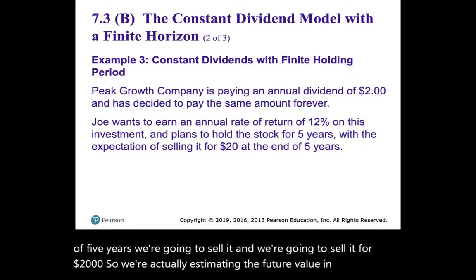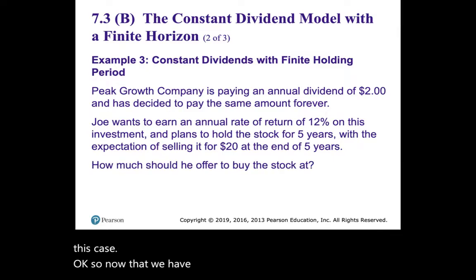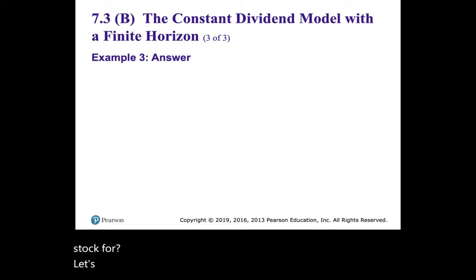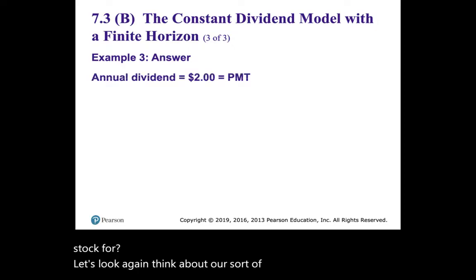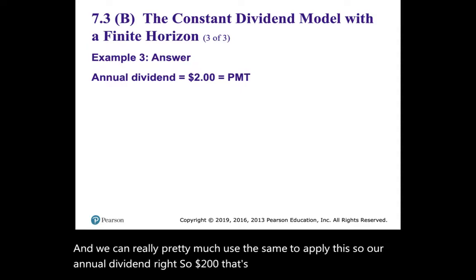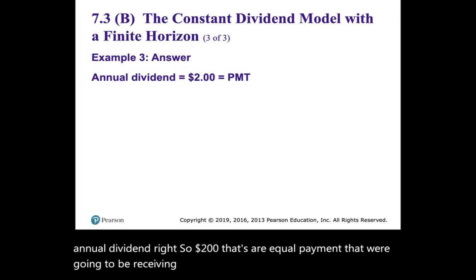Okay, so now that we have that, how much should we purchase the stock for? Well, let's look. Again, think about our annuity formula, and we can pretty much use the same to apply this. So our annual dividend, the $2, that's our equal payment that we're going to be receiving. That's not going to change.